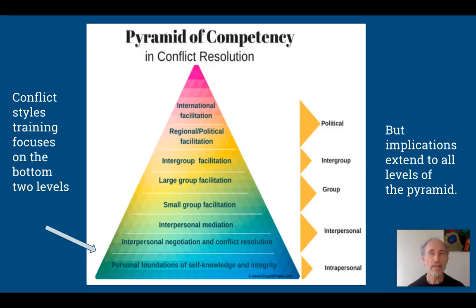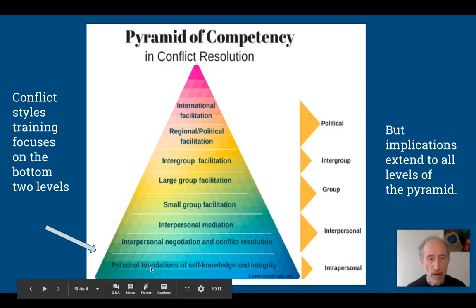Of course, that lived experience that people have is often very big, and so part of the fun of a workshop is helping people to begin to draw on things that they already know and feel at a deep level and have never really talked about before. So conflict styles training, well, actually, let's first of all talk about the pyramid. You see at the very bottom, personal foundations of self-knowledge and integrity. All of us carry internal contradictions within ourselves.